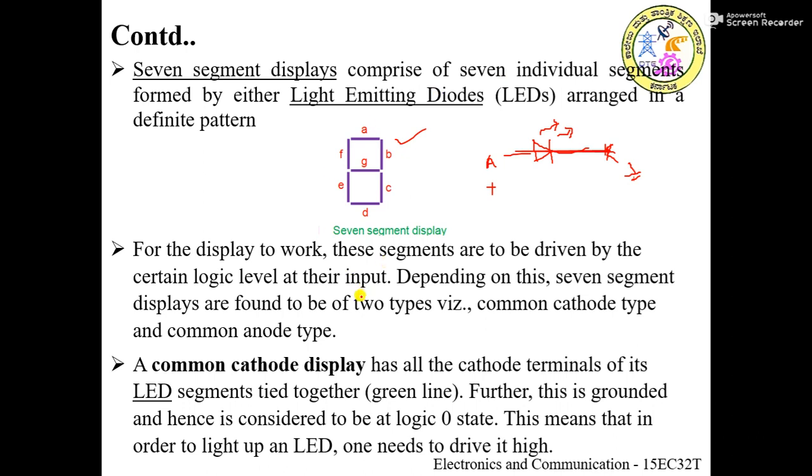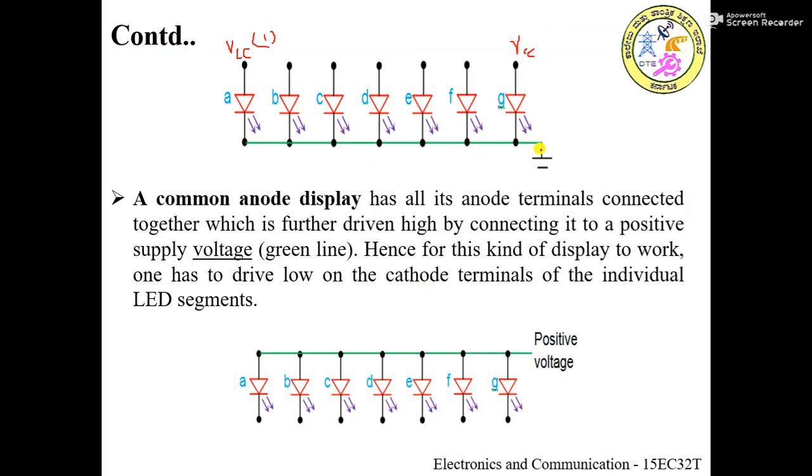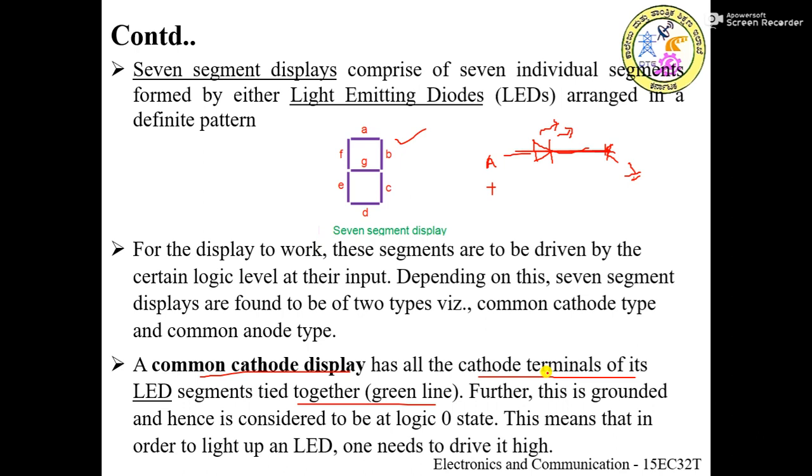The same thing is written here. Common cathode means the cathode terminals of all LED segments are tied together in the green line. You can see in the green line they are all tied to VCC, sorry, ground. Further this is grounded and hence it is considered as logic 0 state.